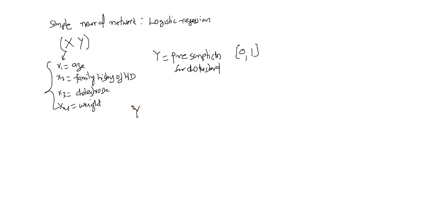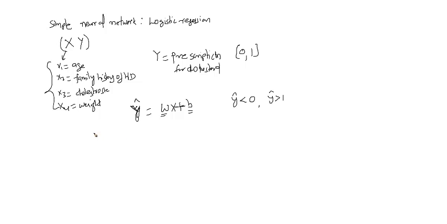Let's say the prediction is called y hat. We could simply predict using some linear function with weight w and b. However, linear regression usually has a problem: y hat can be less than 0, or greater than 1, or close to infinity, which doesn't make sense in terms of what we are expecting.